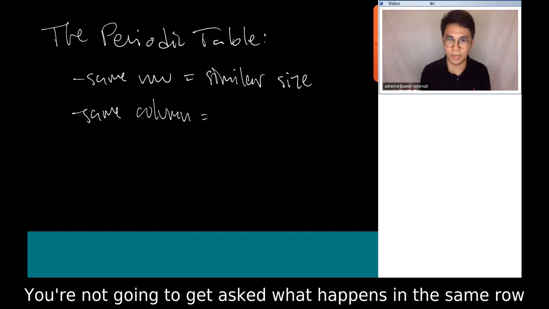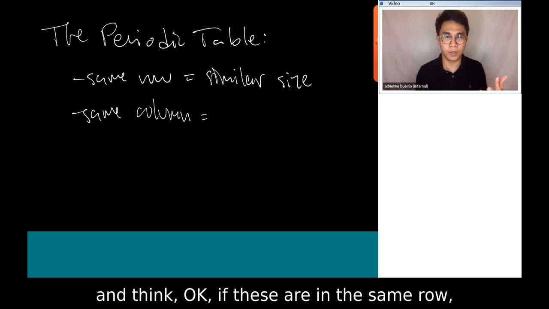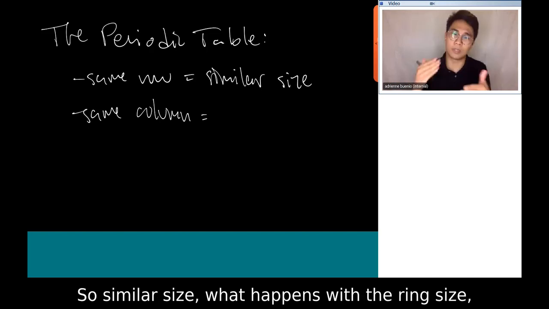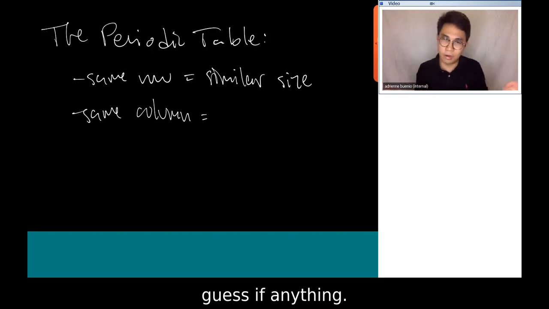You're not going to get asked straight up what happens in the same row, but you can think, okay, if these are in the same row, we know for sure they're similar size. So similar size, what happens with the ring size, orbitals, things like that. You can keep connecting dots and make that educated guess.